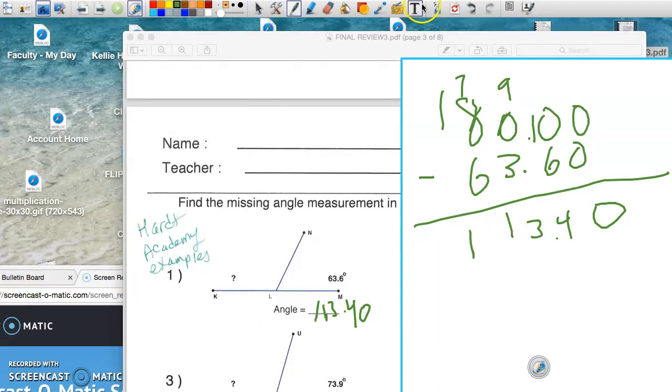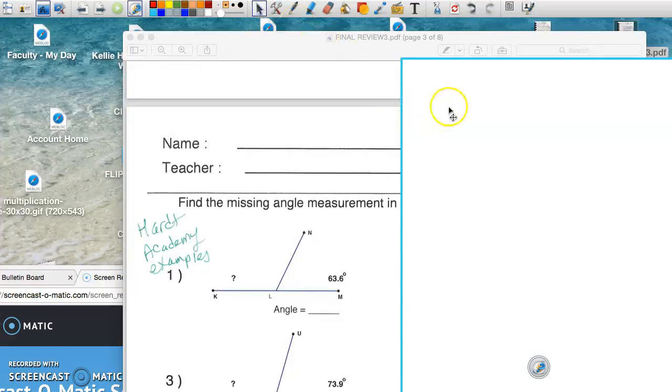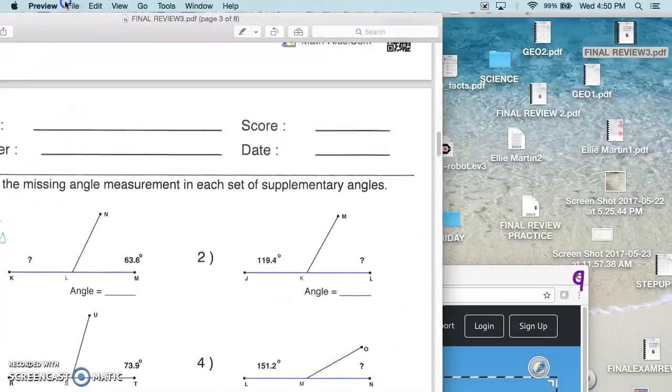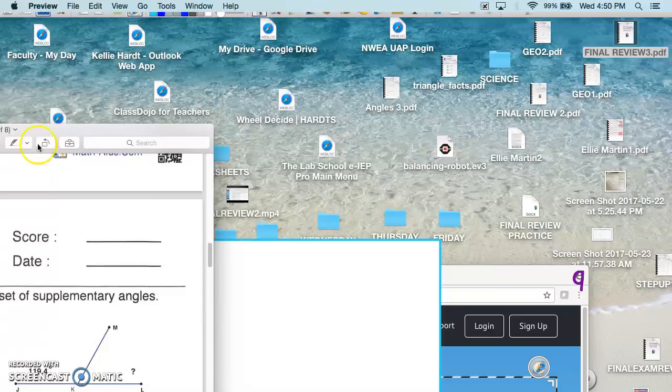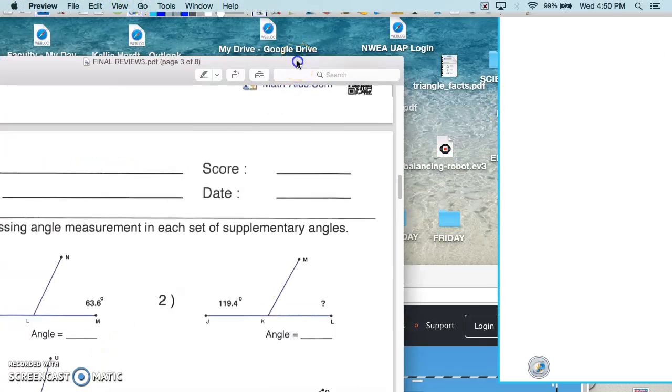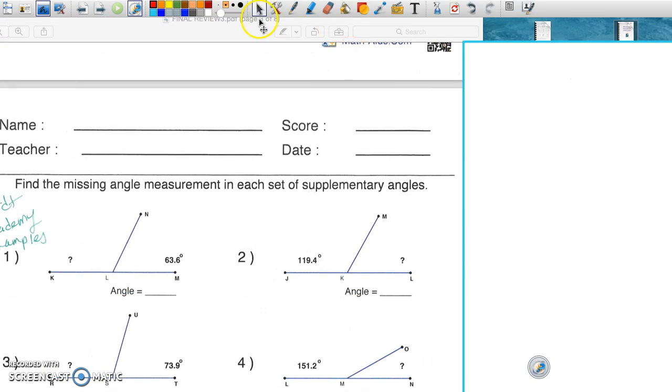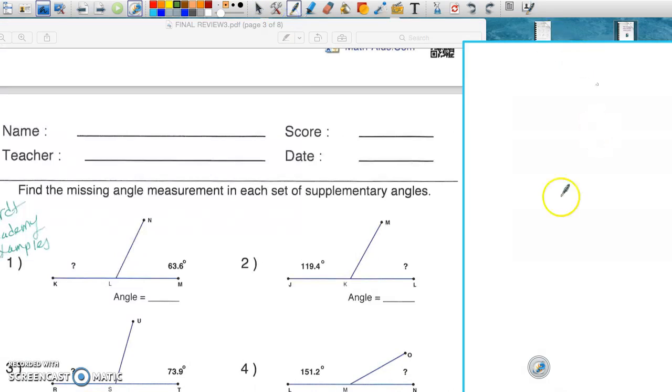So, let me try another one for you. Look at number 2. Here we go. So this time, I have 119.4 degrees, so I'm going to take my 180.0, remember, minus 119.4.